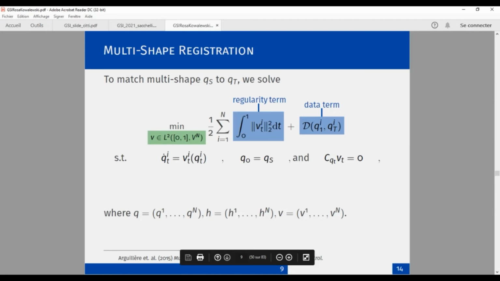Then we have some constraints. We have the shape evolution and the initial condition, which are also constraints for the classical LDDMM problem without multi-shapes. And then we have this new set of constraints which model the object boundary constraints, the region boundary constraints. And this new operator CQ is a linear operator on the set of all vector fields.